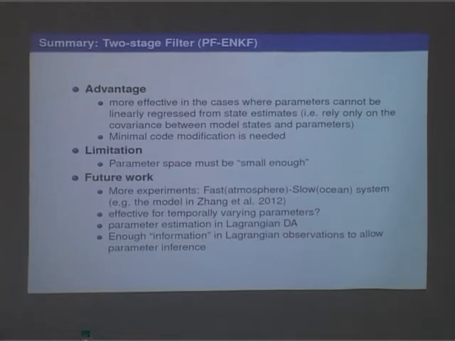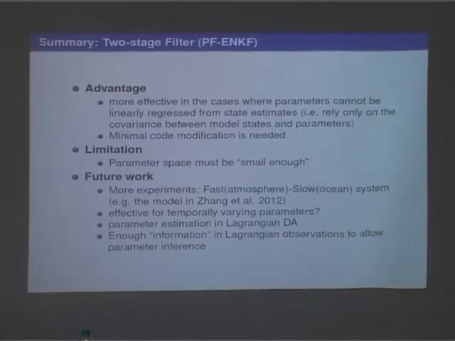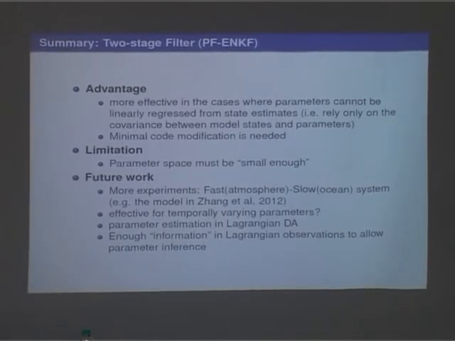So that's one advantage. But of course, it has the limitation that the parameter space must be small enough, because as I pointed out, in the case where I try to approximate the forcing directly without parameterization, it doesn't work because the parameter space is too large.